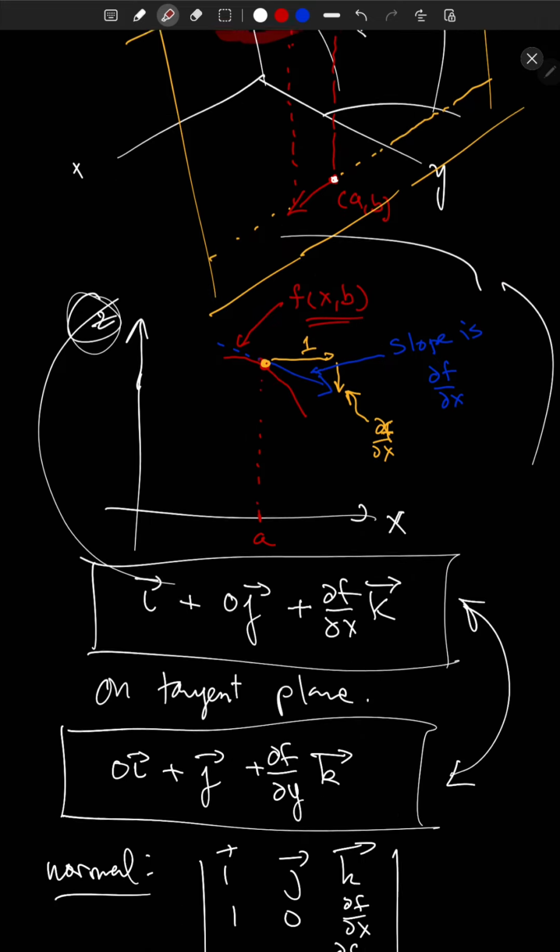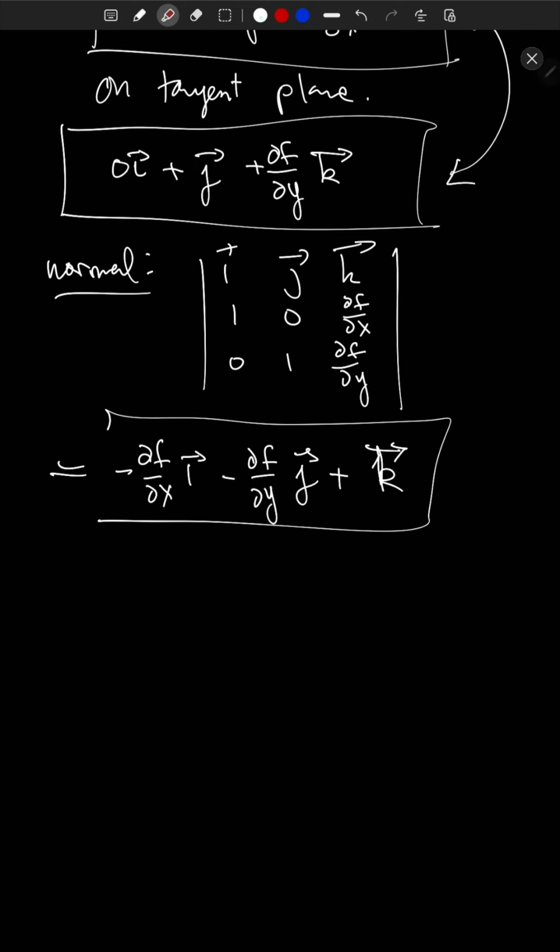All right. So we've got a normal, we've got a point, which we said was a, b, f of a comma b. And I guess I should emphasize, all of these df dx, df dy's, where are they happening? They're happening at a comma b, evaluated at a comma b.